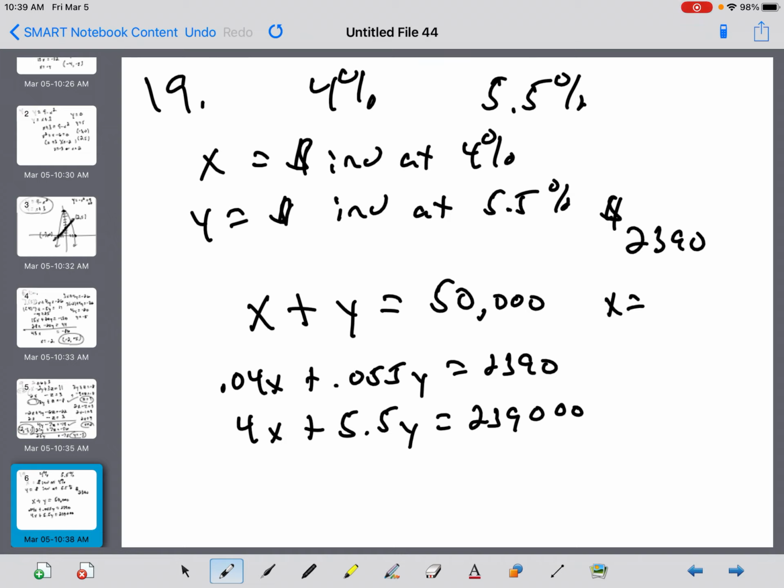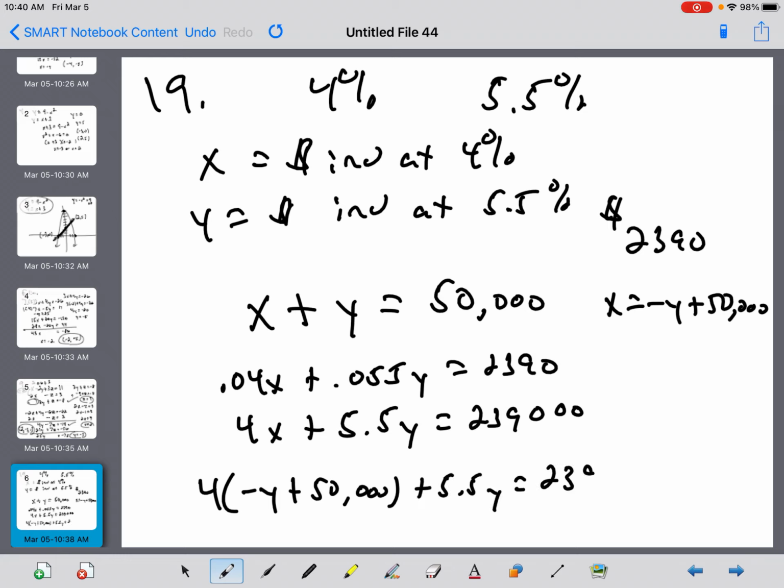I could write X equals negative Y plus 50,000, and I could go here and do 4 times negative Y plus 50,000 plus 5.5Y equals 239,000. And negative 4Y plus 5.5Y, that would be 1.5Y, and this would be plus 20,000 equals 239,000.